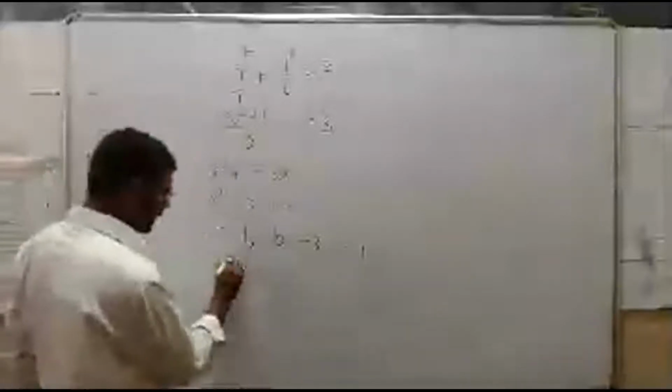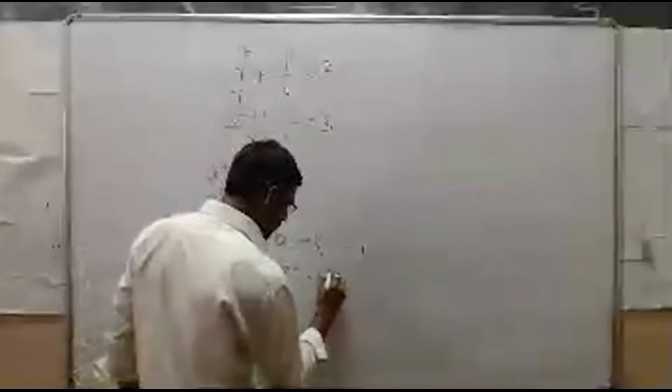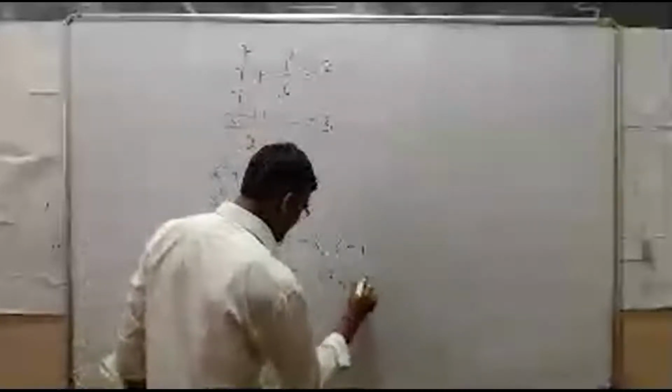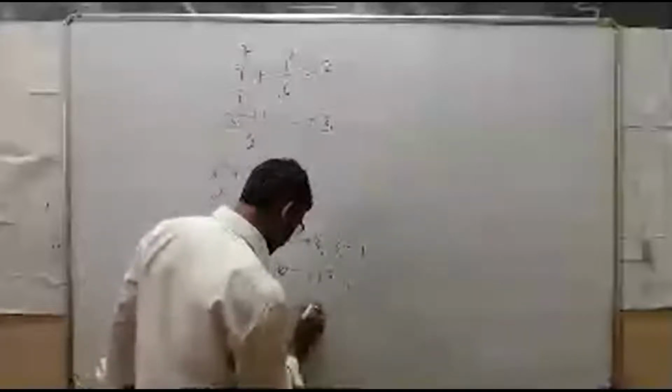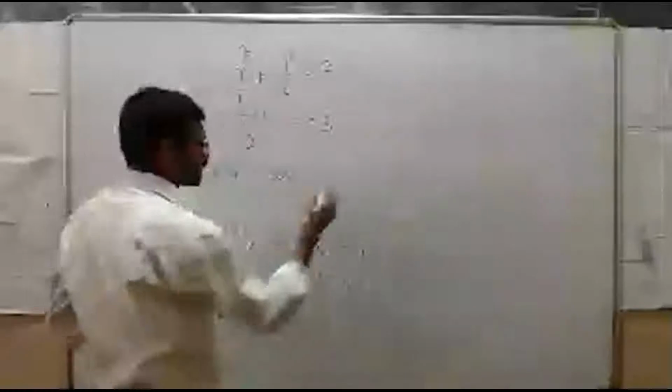Quadratic formula: x is equal to minus b plus or minus under root b square minus 4ac, divided by 2a. Okay. Minus b value is minus of minus 3; we should represent it in brackets.